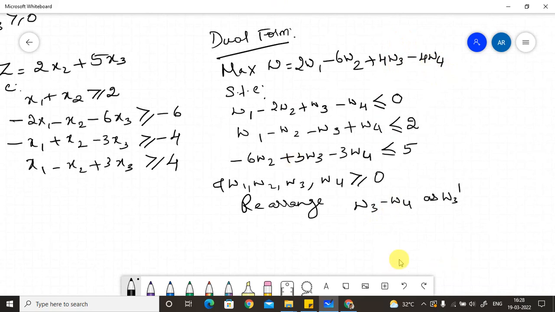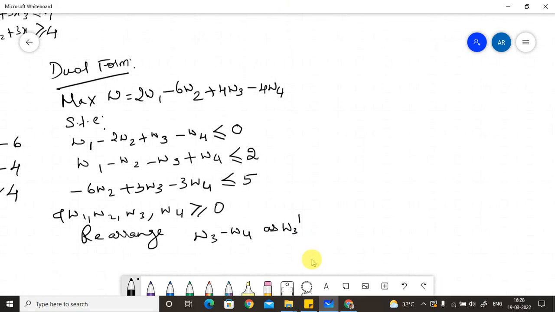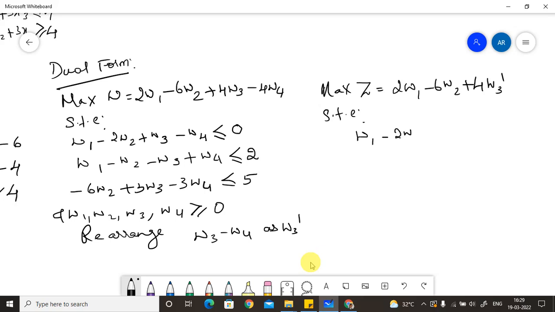So how will you rewrite the entire dual form with respect to that? I'll write it as max z is equal to 2w1 minus 6w2 plus 4w3 dash, where w3 minus w4 is w3 dash, which is subjected to constraints: w1 minus 2w2 plus w3 dash less than or equal to 0.